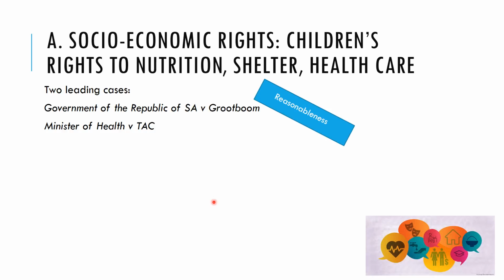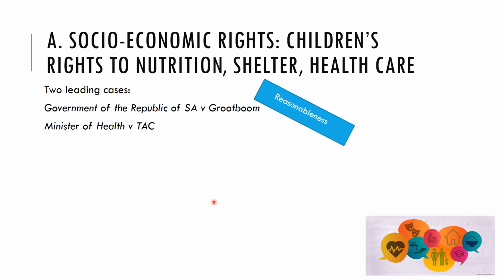In these two cases, you don't need to know the details, but you need to know that the court used the reasonableness test to determine whether the state has actually fulfilled its duties or not. Remember, we've done the test of reasonableness.